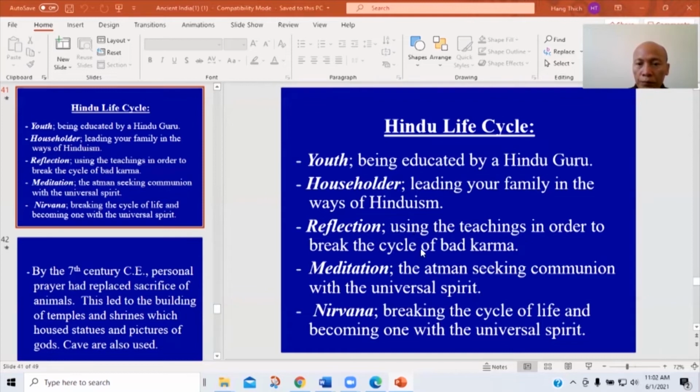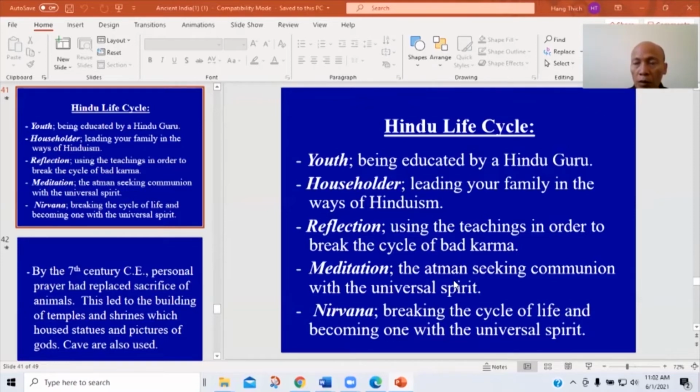Later on, when they get older, they will settle their family matters so that they can have time to reflect on the Hindu teaching, as well as find ways to break the cycle of bad karma.